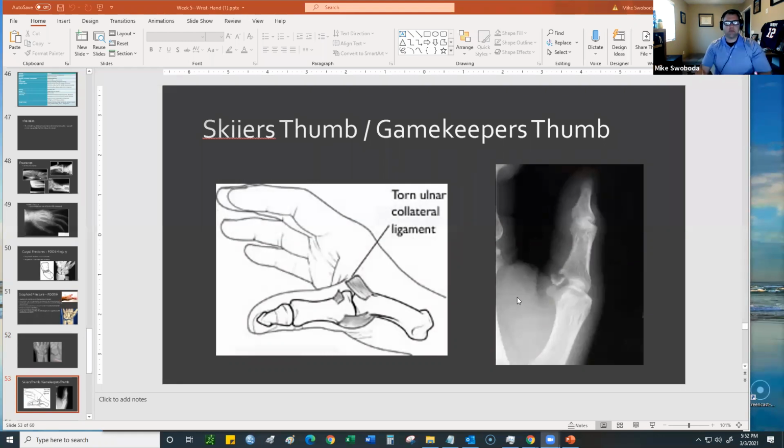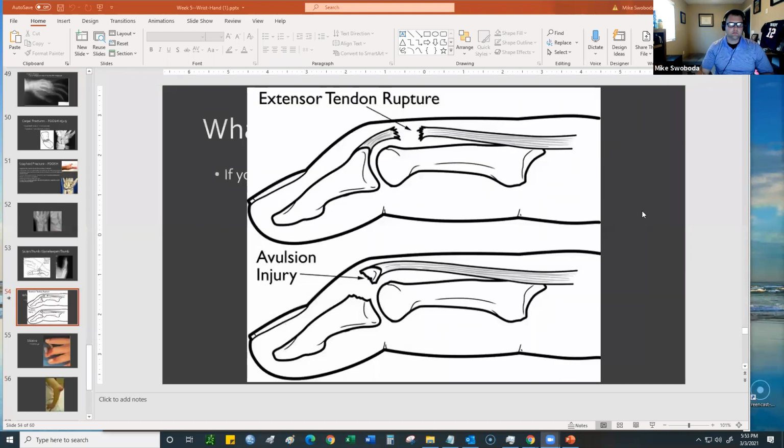Skier's or gamekeeper's thumb. This is where you get a torn ligament in your thumb from getting it caught. All right, avulsion injuries. It's debatable if you would want, like, say, something like this or something like this.